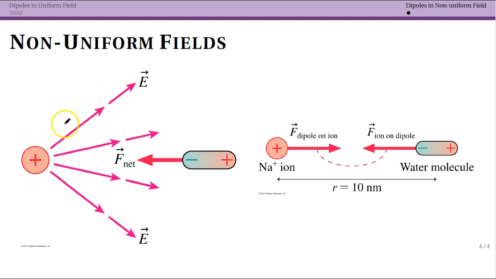So if I have my point charge, I know that my electric field gets weaker as you get farther away. So that means that my force on the negative charge is much bigger than the force on my positive charge, simply because my positive charge is farther away. Okay, much is maybe an exaggeration. So there is a net force and it's attractive.